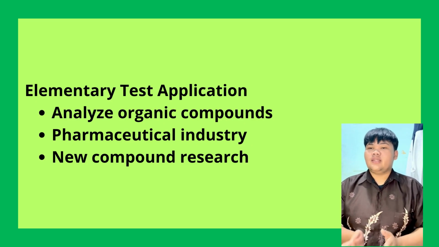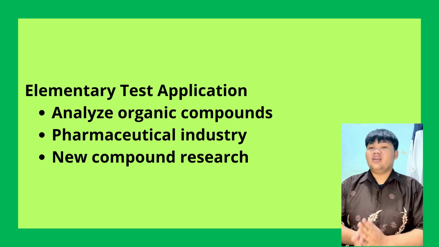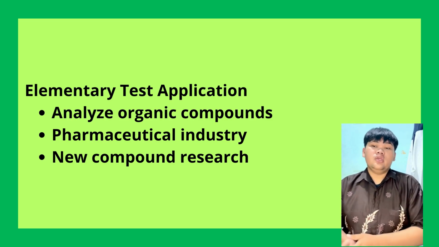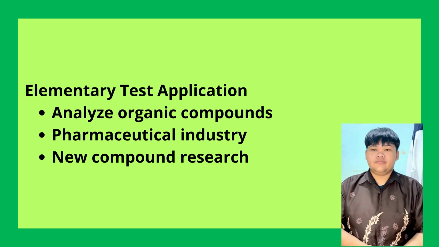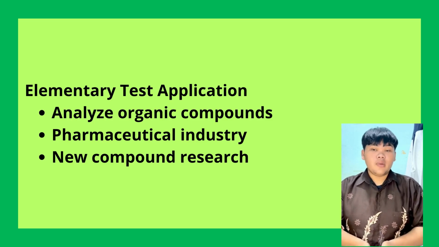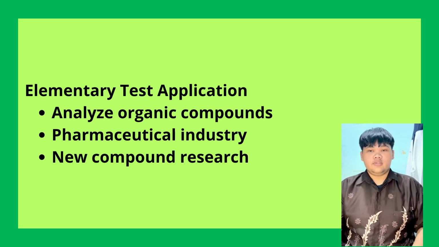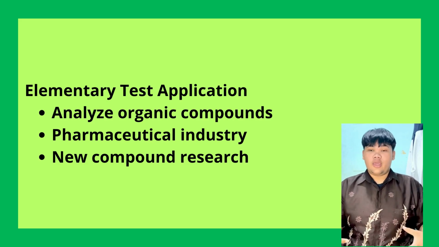Now it's the fifth example, test applications. The analysis of organic compounds, for example, determining the composition of new drugs or chemicals. In the pharmaceutical industry, it ensures drugs do not contain harmful halogens.